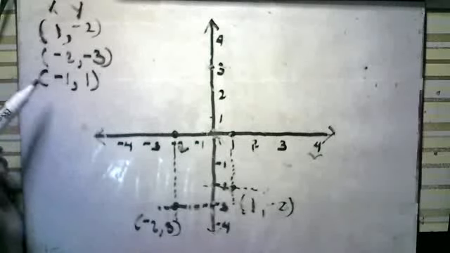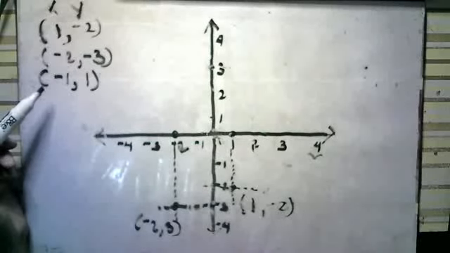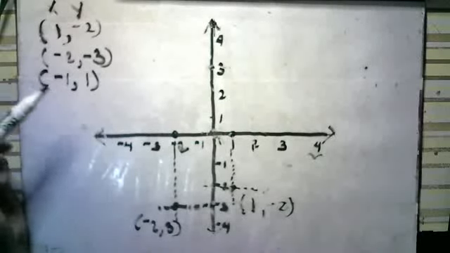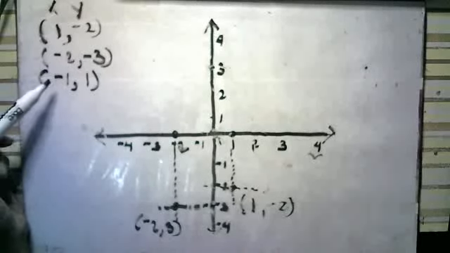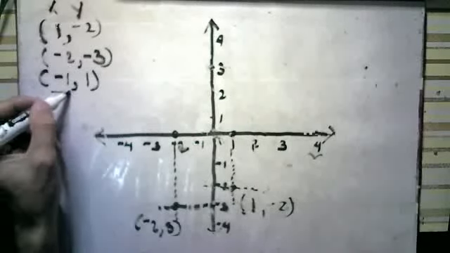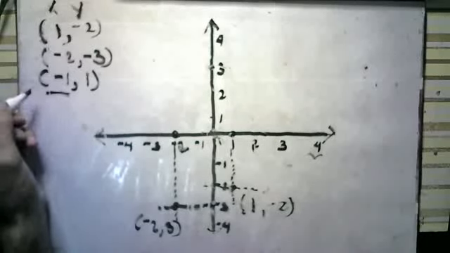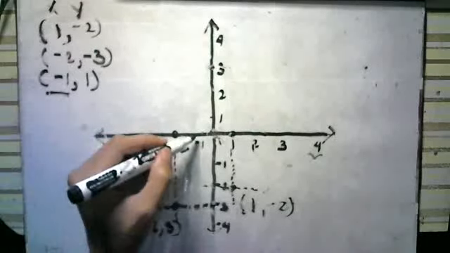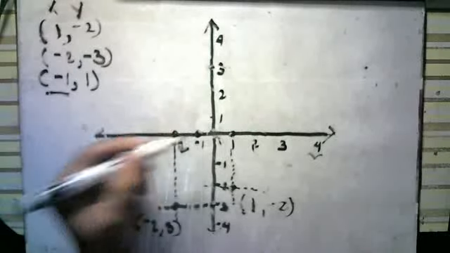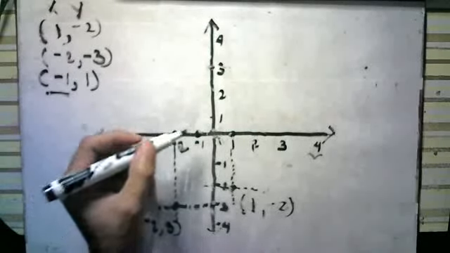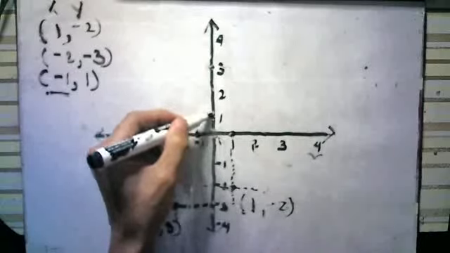Last one, negative 1, 1. Again, the x-axis will be negative 1. So that will be your negative 1 in this location. And 1 will be at this location.